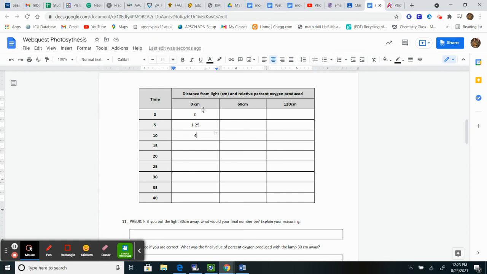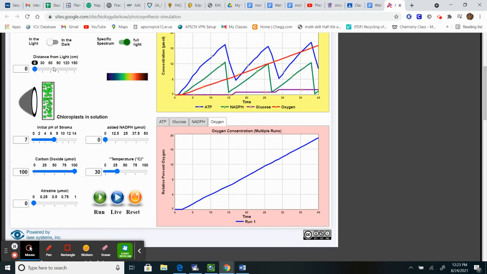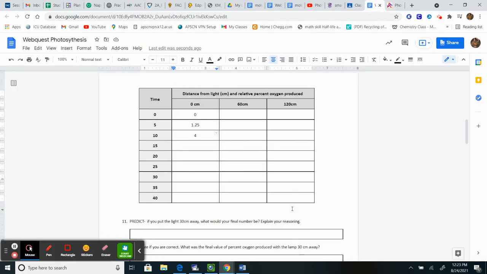So first one is 0 centimeters. Next one is going to be 60 centimeters. So if you're changing the distance, that's right here, changing that distance. Here's 60. Here's 120. And you're just going to run this a couple of times and continue to put in the data.